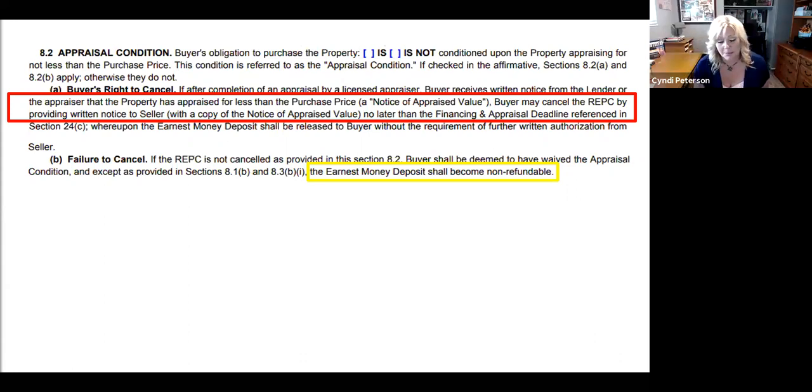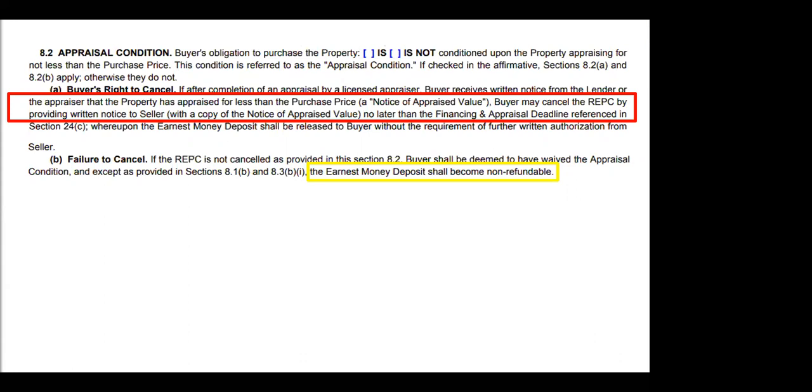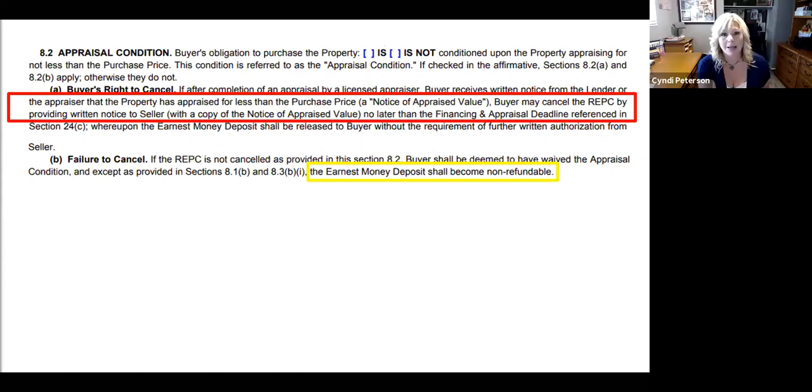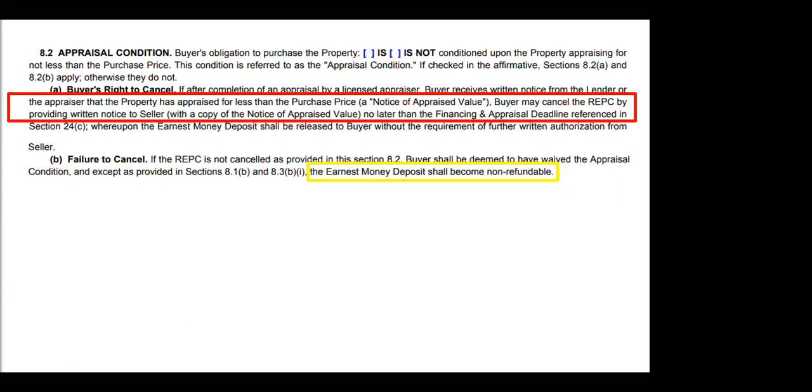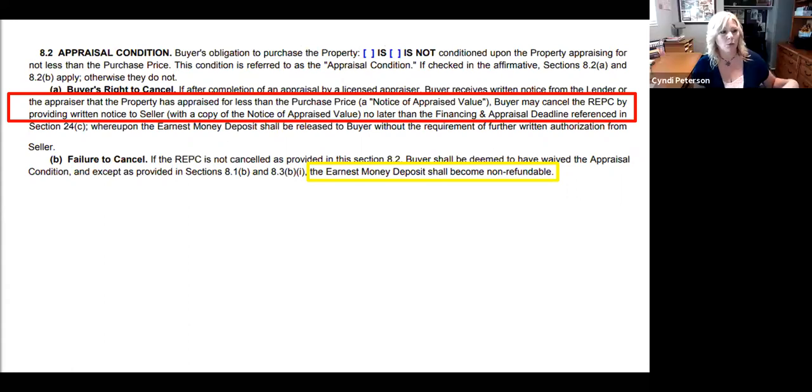Most of the time, if somebody's doing an appraisal that's not based on financing, it wouldn't have to be an FHA appraiser or whatever. The problem is people decide they want to get an appraisal done on a home, and a lot of times they don't tell the appraiser. This just happened not too long ago with a deal in our office.